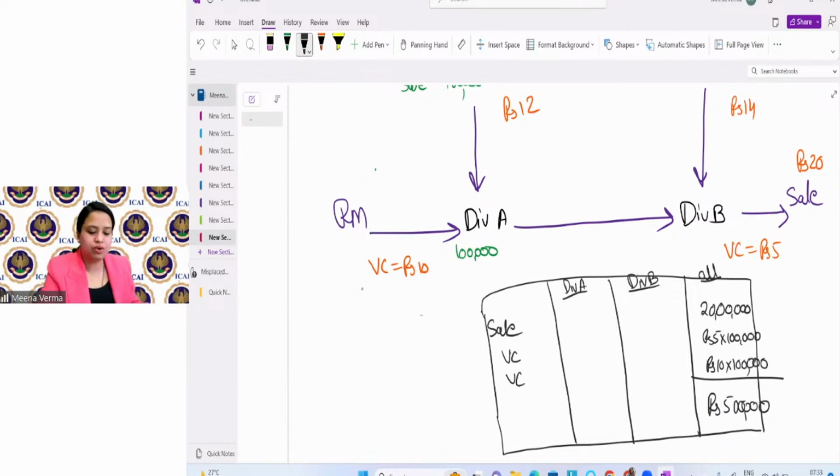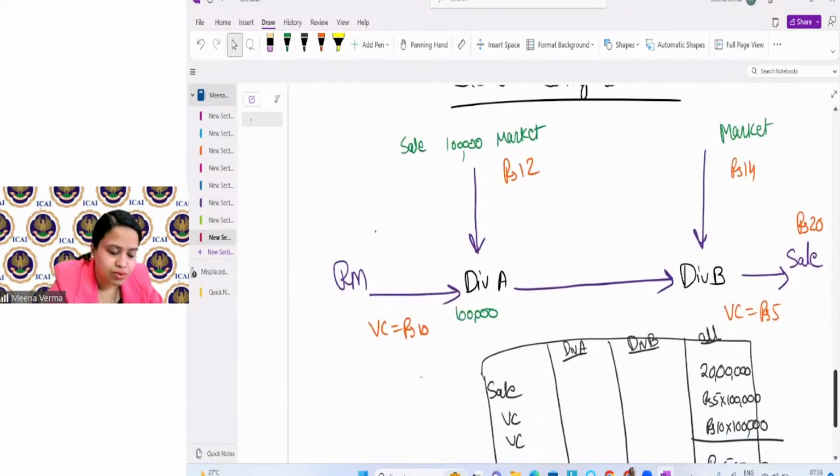Now look, in such a scenario, when this department is already working in full capacity, I'll consider both spare capacity and full capacity. When this department is working in full capacity, you will ask the Division A manager to sell the entire output.